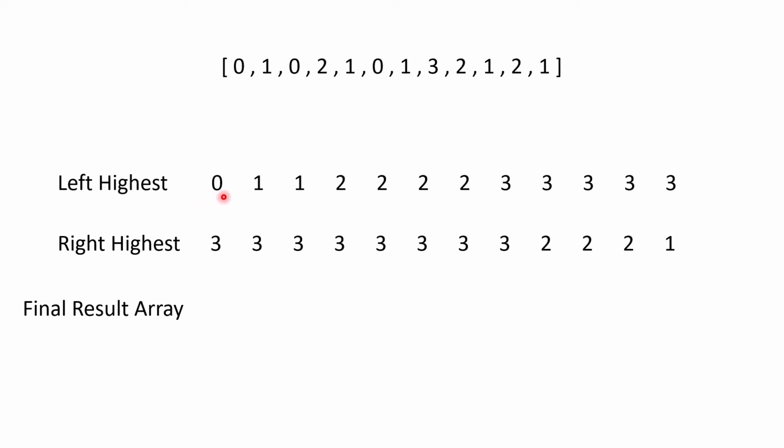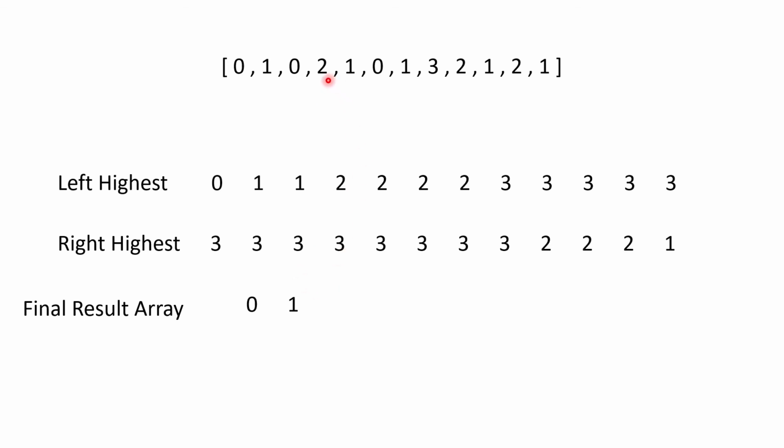But there's no such case, so the answer will be 0. Moving forward, we see the height here is 0 and the minimum of these two gives us 1. So 1 minus 0 gives us 1. That's the water in it.